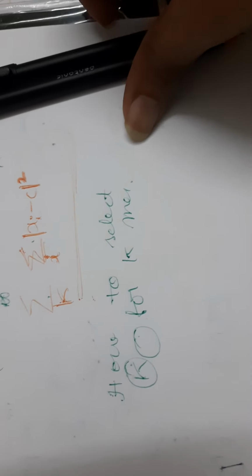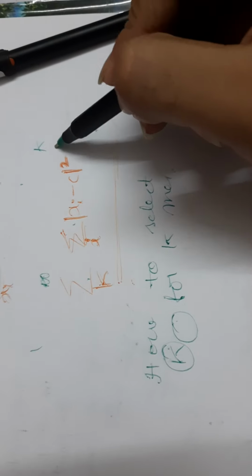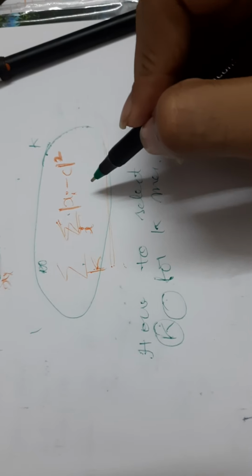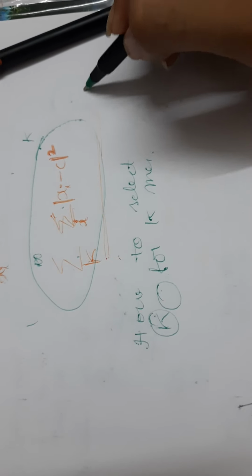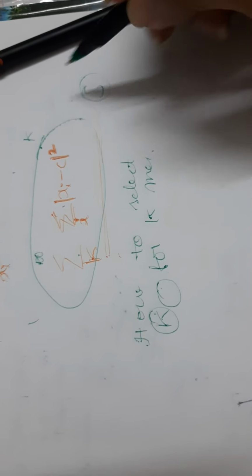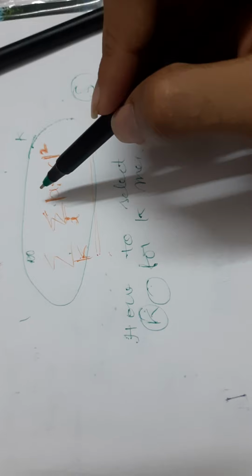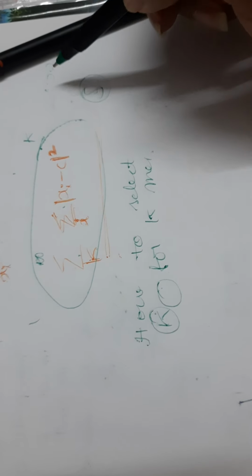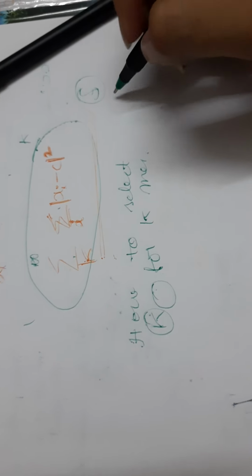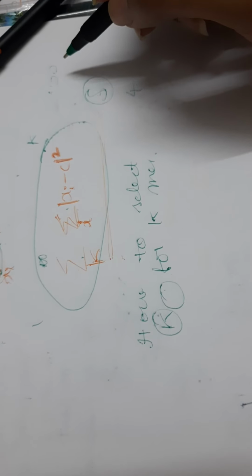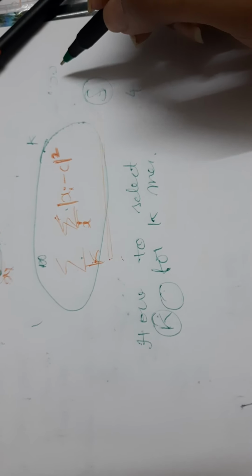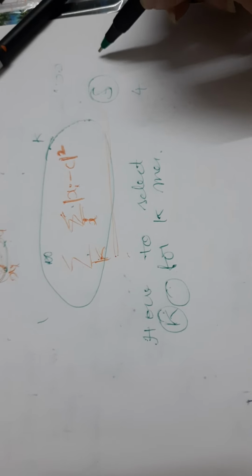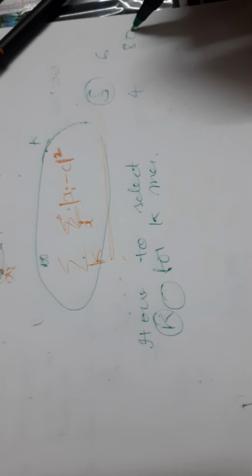Another way is, since our approach is to minimize this loss. Let's say we select k as 5 and we get some loss, say 100, and we select k as 6 and we get 80.